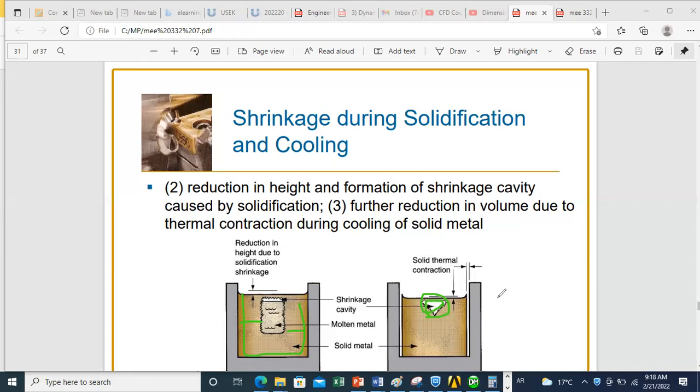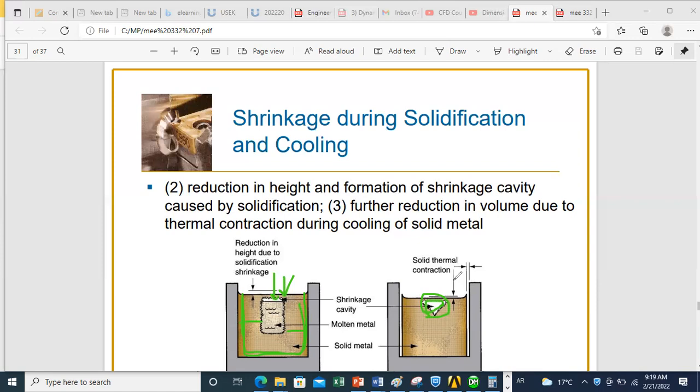A further reduction in volume is due to the thermal contraction during cooling of the solid metal. So as a first step, you have the reduction in height, because near the walls you have a fast solidification, which will cause a reduction in the height level. So in a first step, shrinkage will take place in one dimension, because you still have a liquid portion that will fill the remaining parts, and this will lead to reduction in height only.